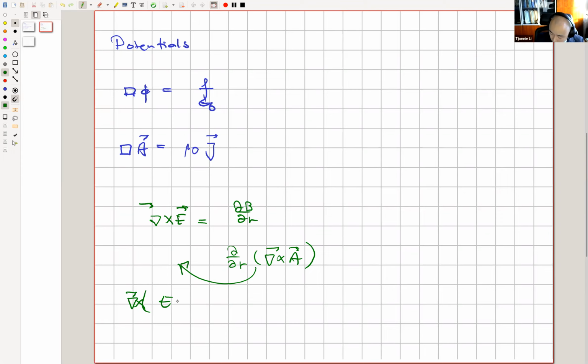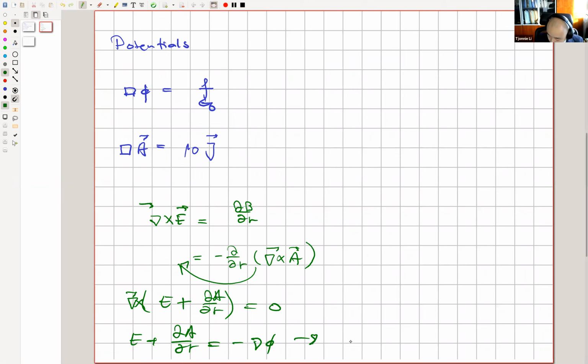Let's see, I'll get the signs correctly. And then here, E plus partial A partial t equals minus the gradient of phi.